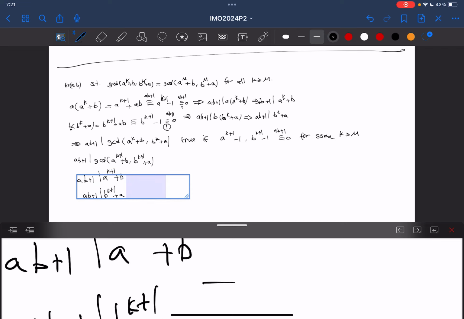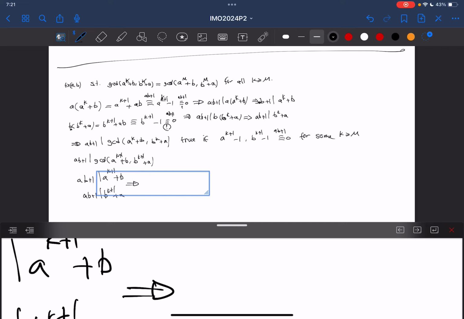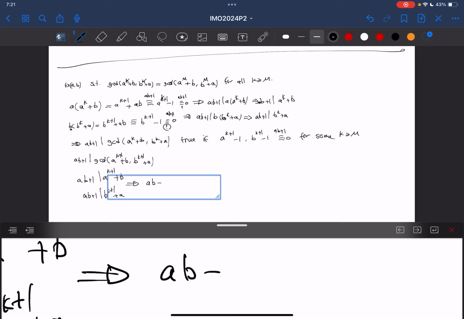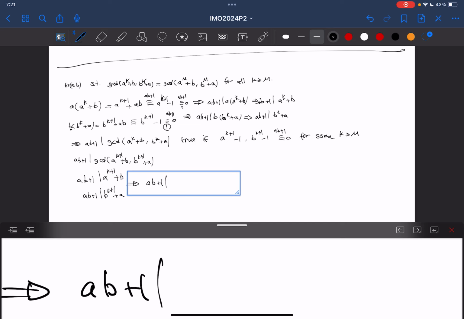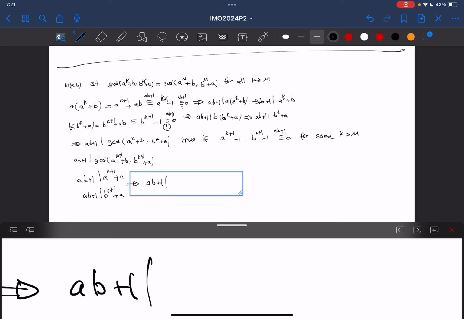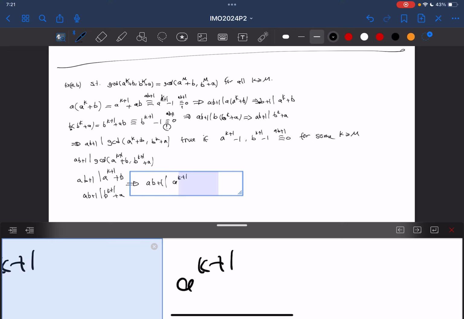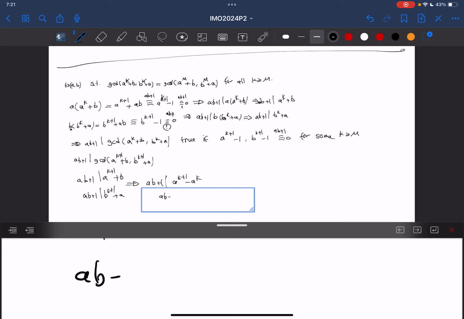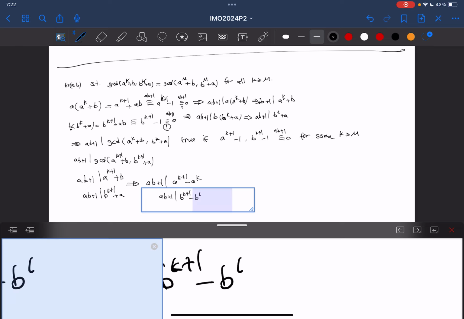And from these two, I would arrive at the conclusion that ab plus 1 would divide a to the power k plus 1 minus a to the power k, and ab plus 1 divides b to the power k plus 1 minus b to the power k.